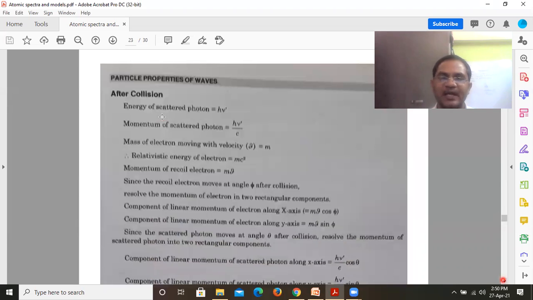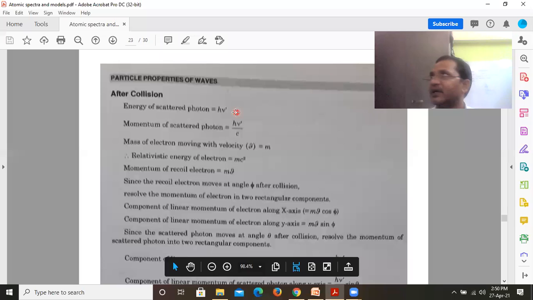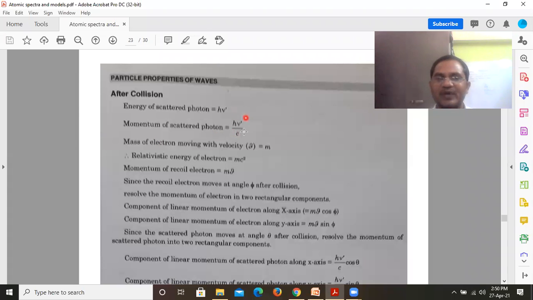Now after the collision, energy of the scattered photon h nu dash, and momentum of the scattered photon h nu dash by c. Energy is h nu from Planck's quantum theory, so we have written h nu dash. Momentum formula h nu by c; since frequency changed from nu to nu dash, the momentum is h nu dash by c.